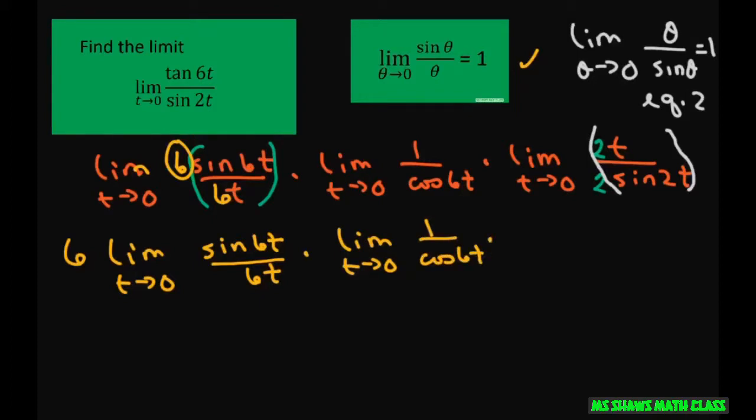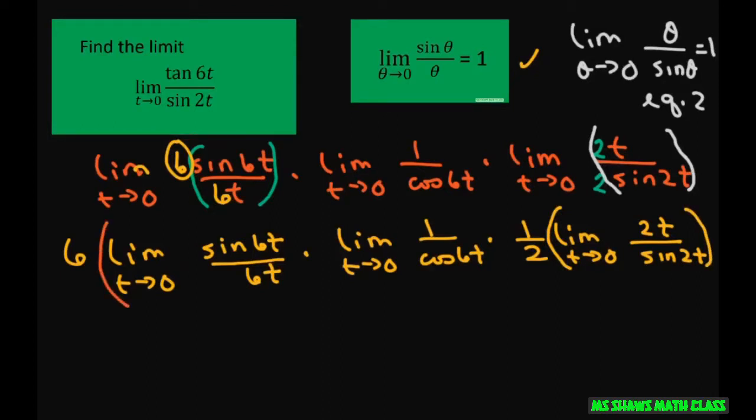And from this one, I'm going to pull out 1/2. So if I pull out 1/2, I get the limit as t tends to 0 of 2t divided by sine of 2t. So this piece right here equals 1. This piece right here equals 1.